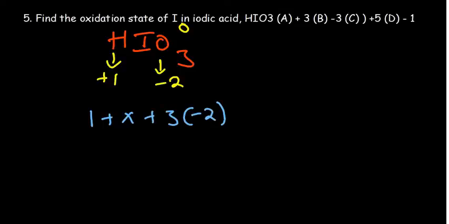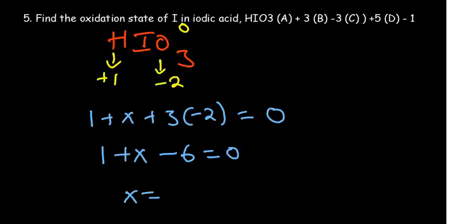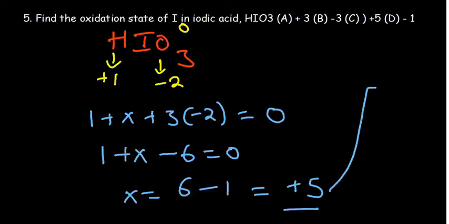So this should give us 0. 1 plus X minus 6 is equal to 0. X becomes 6 minus 1, giving us +5. So that is the oxidation state of our iodine in this question.